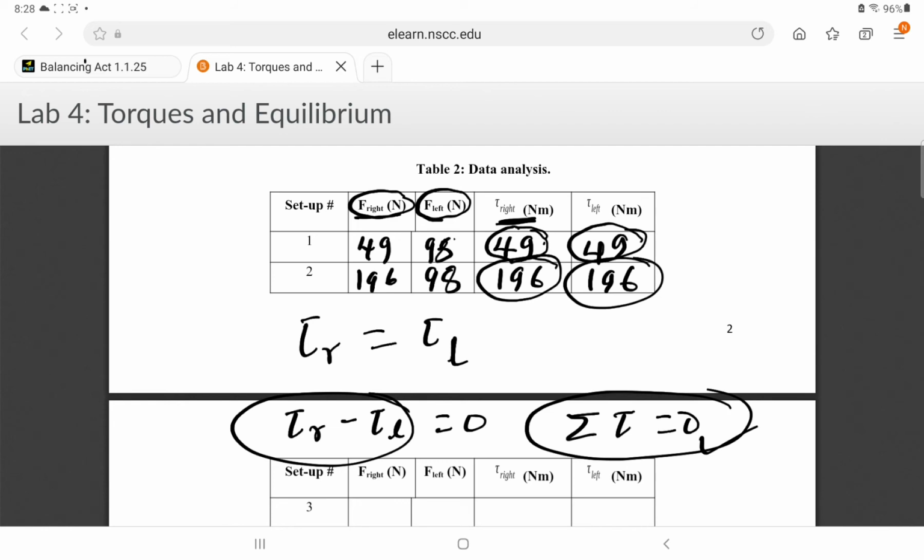Similarly, you can choose several different sets of masses, for example 10 kg, 15 kg or more. There are many other choices you can choose, and let me show you something else.